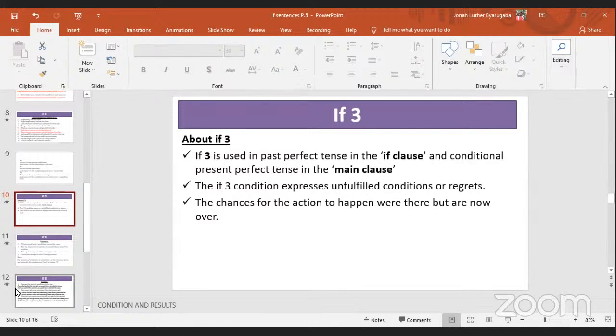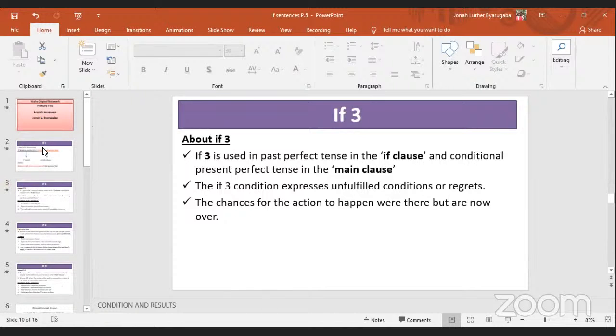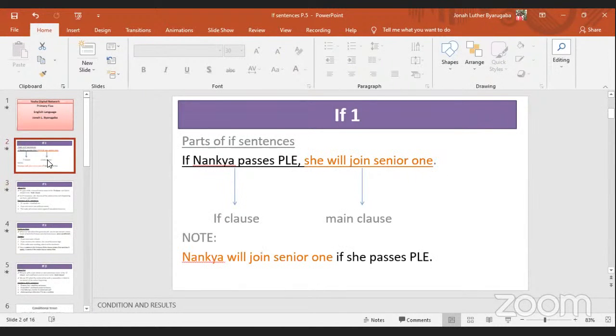That's how you express the main clause. We were mostly talking about if two over and over, so I forgot about if three. We moved from if one to if two. Now we are dealing with if three. Can someone express this sentence in if three? That's my question.